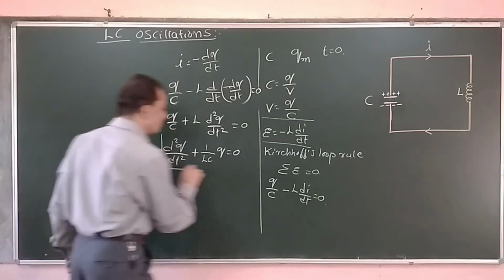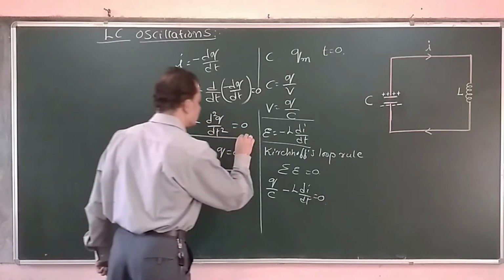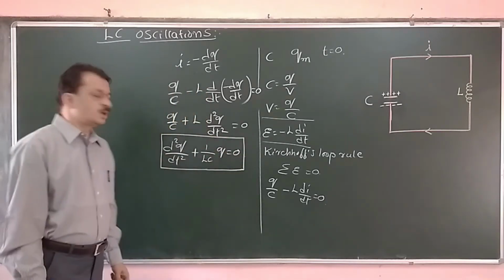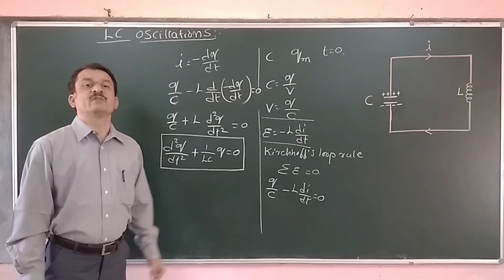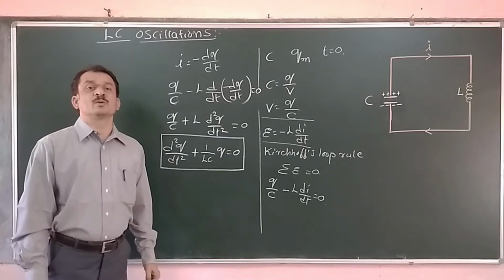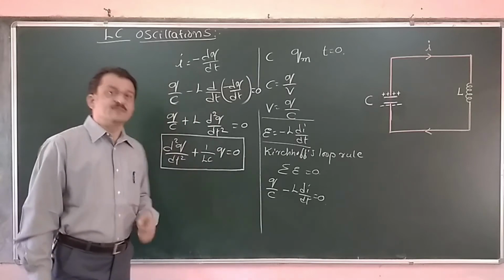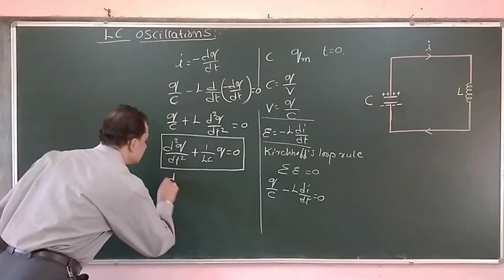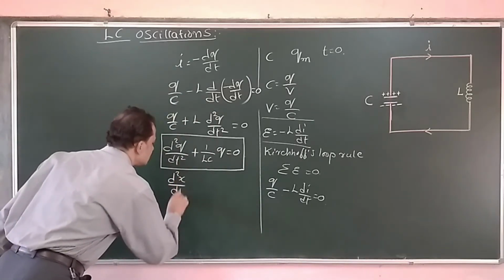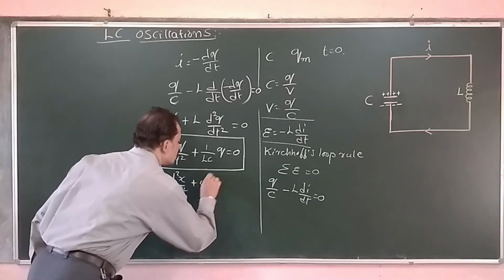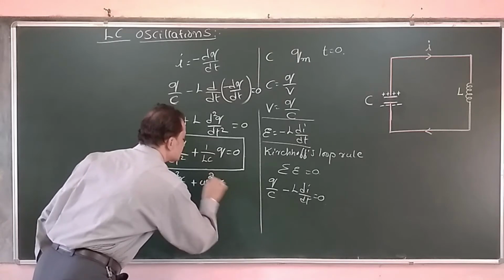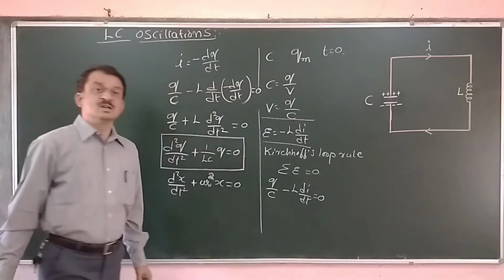Now this is a very interesting relation. It is similar to the equation for simple harmonic motion that we studied in first PUC, that is d2x by dt square plus omega naught square into x is equal to 0.